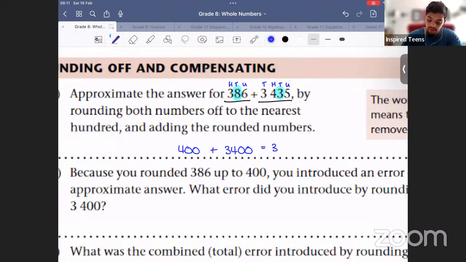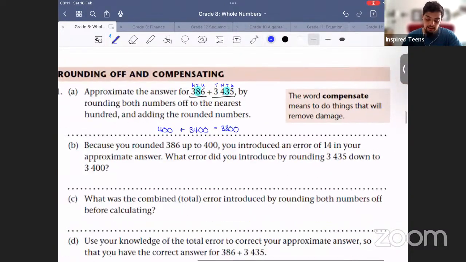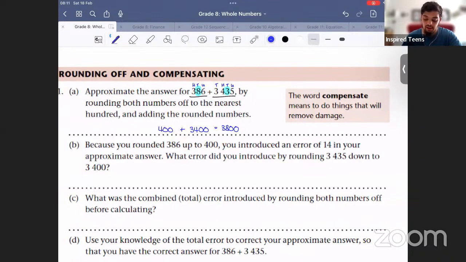When I add this up, I get 3,800. Okay, B says because you rounded 386 to 400, you introduce an error of 14 in your approximate answer. What error did you introduce rounding 3435 down to 3,400?